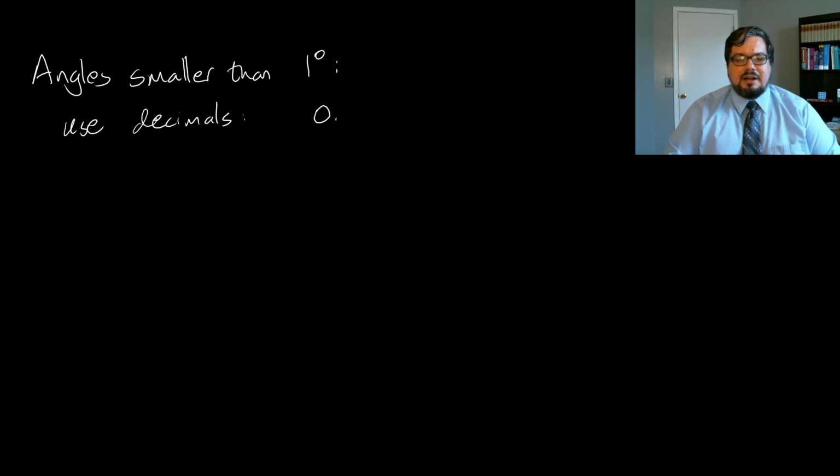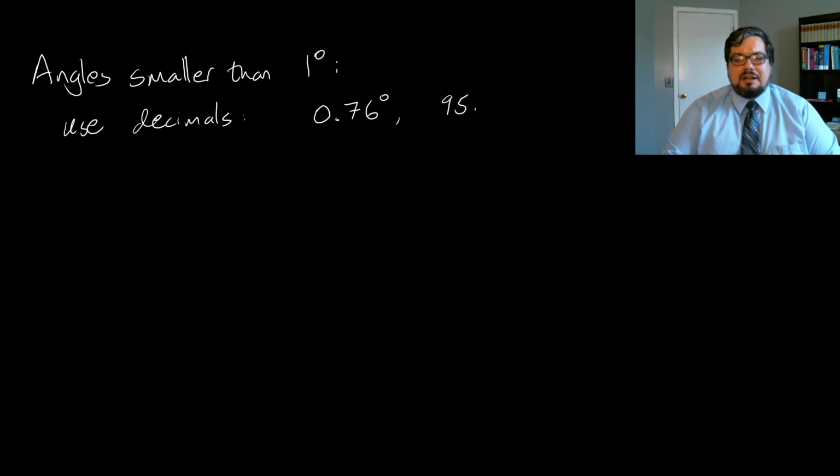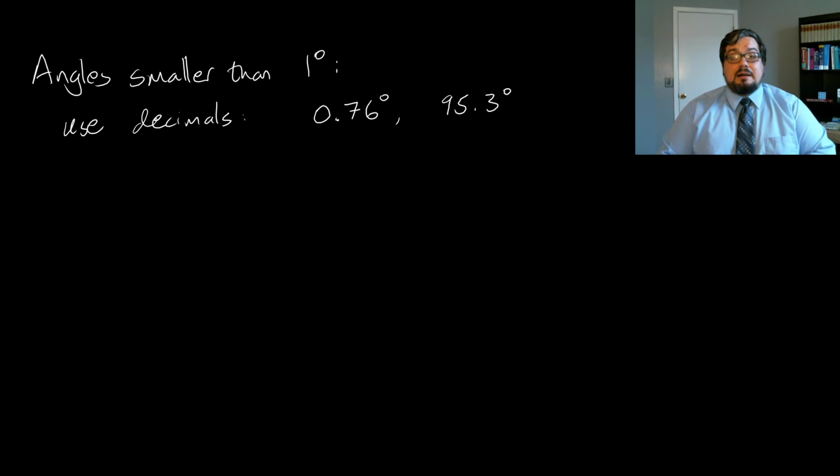So we could talk about, say, the angle 0.76 degrees. Well, that's just 76 100ths of a degree. And we could always do things that way. We could talk about 95.3 degrees. And that's perfectly fine. We just use decimals as we normally do when working with these types of problems.